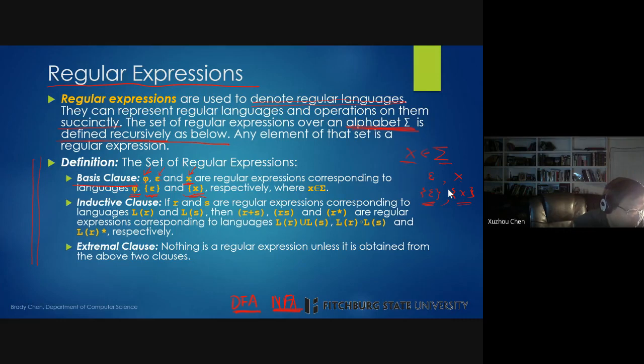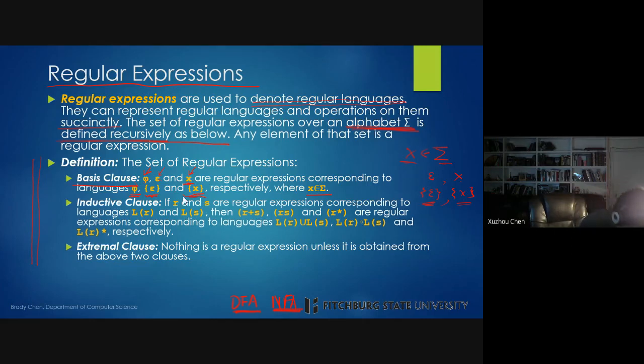So x is actually in sigma. You can view this basic clause as just a building block for the regular expression. Now, based on this, we can build more complicated regular expressions.